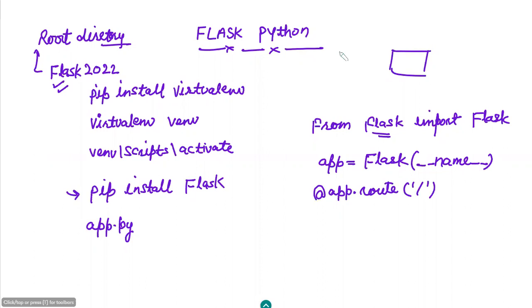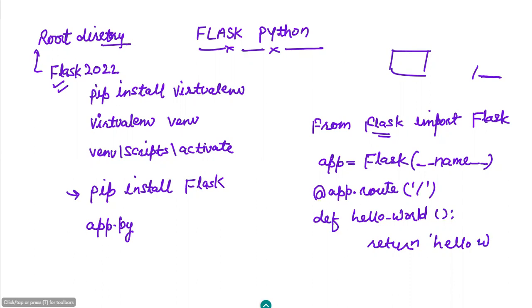You can give any other name after slash; this will be your sub application. Now create a simple function, which can be anything like hello world or hello, and in this function write a statement: return a simple string, hello world.